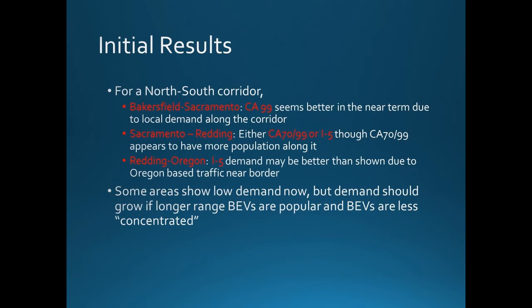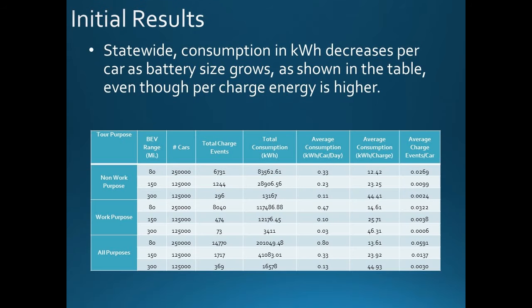So, some initial results. I wish I had highlighted these, but I think this non-work purpose is the one I would focus on. And you see BEV range of 80, 150, 300.